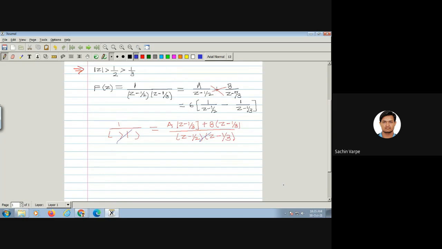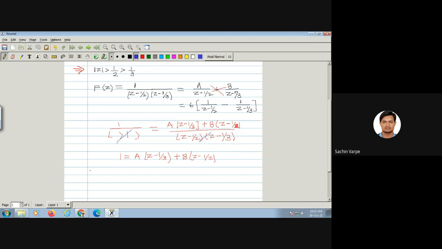So what I get is the equation in a and b. To find the value of a, first of all I'm writing the equation. What is the equation? 1 is equal to a into z minus 1 by 3 plus b into z minus half. To get the value of a, I want the second term to be 0. So if I equate the second term to be 0, what will be the value of z? z will be half, right?